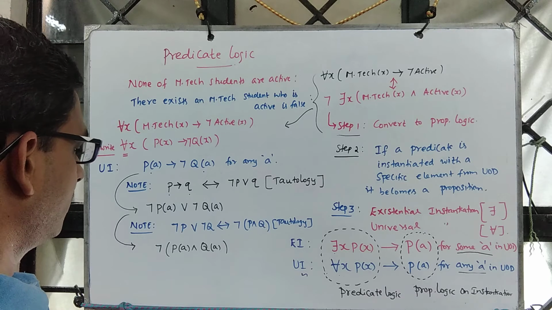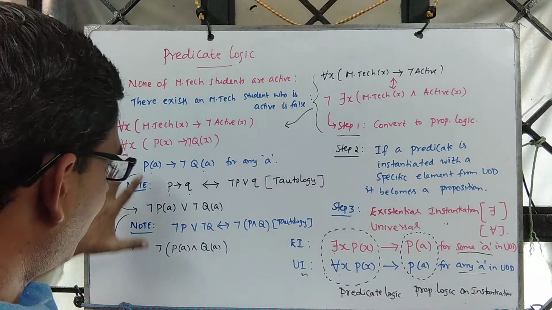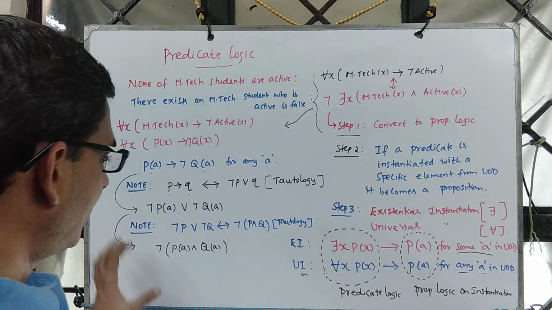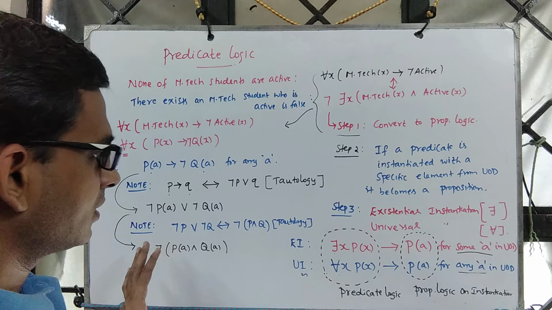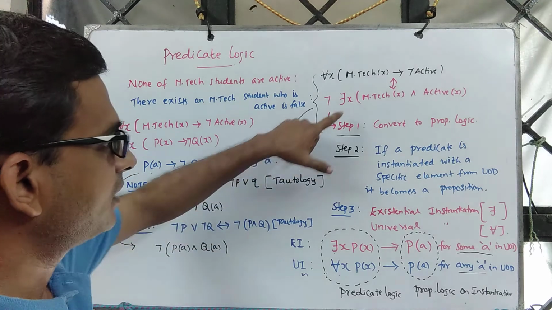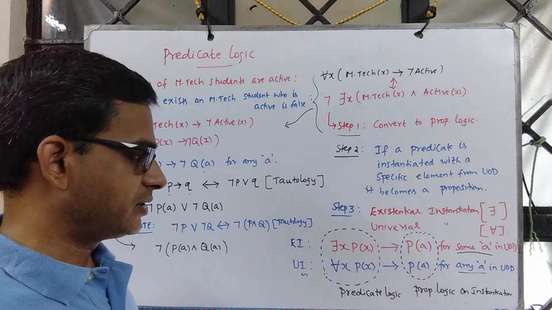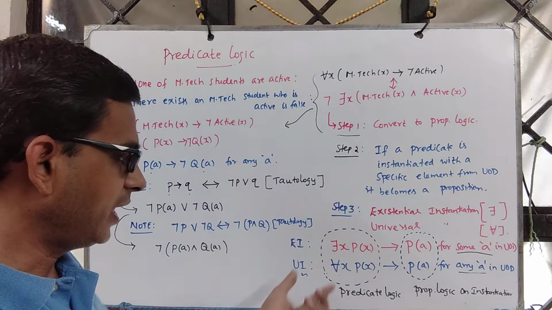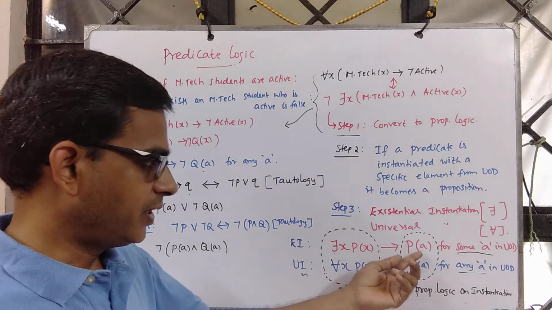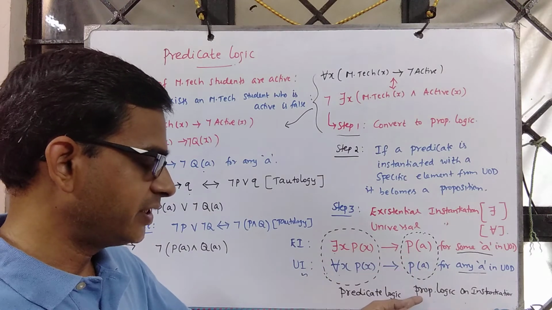Fine? Okay. Now, having simplified this, we want to bring it to this form. So I need to reverse my process. Through instantiation we arrived at a propositional logic.